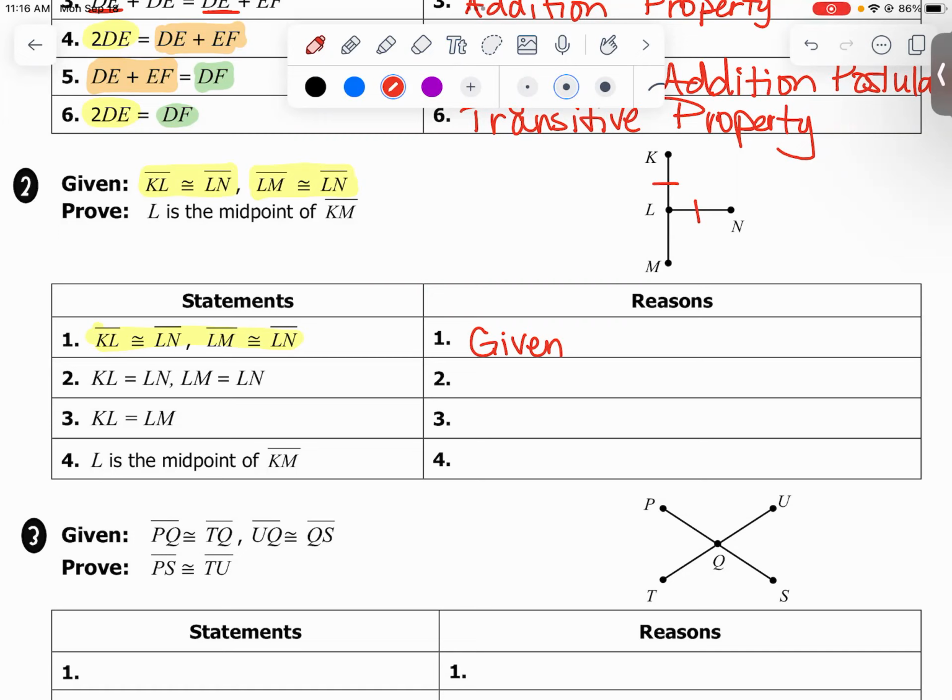Okay, so what happened from step 1 to step 2? You agree with Clark? We went from congruent to equals with the exact same segments. So this is definition of congruent, and you know what? I'm going to be a little bit lazy. You put the symbol and then it's a lot less to write.